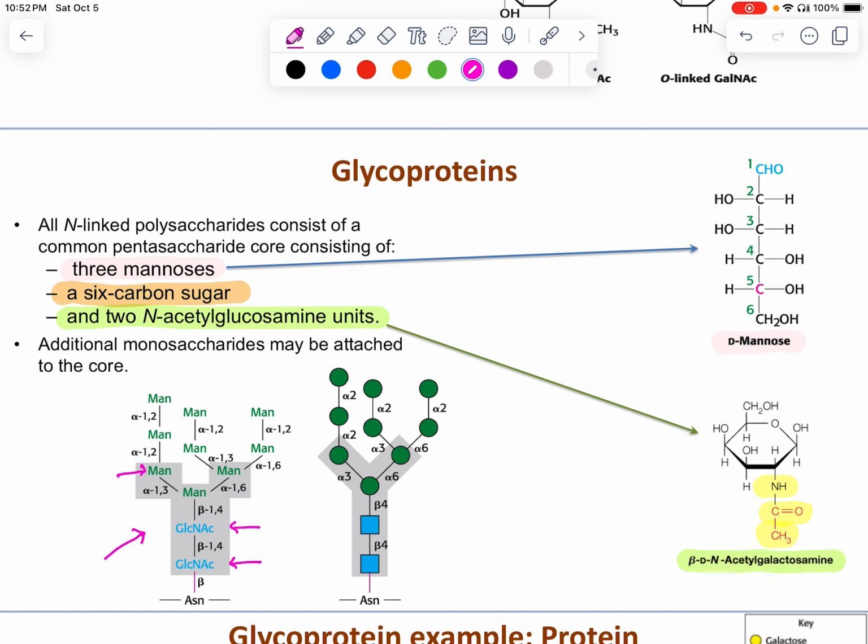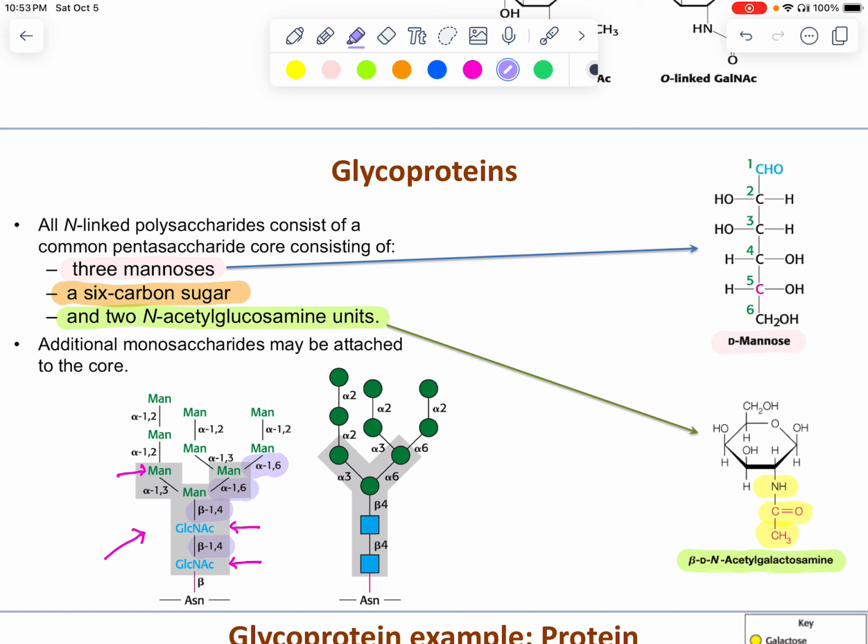And then there'll be other pieces. Okay, so some things to note. We will often note the linkages between these different groups because those linkages are important, right? Those linkages determine the three-dimensional structure, and structure tells us the function.